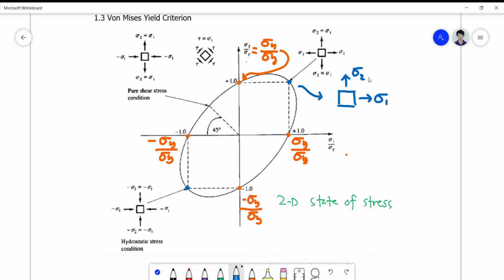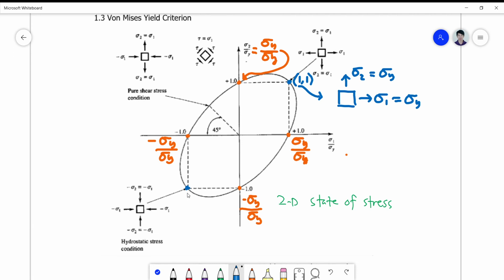So when sigma 2 becomes equivalent to the yield limit sigma y, and sigma 1 becomes equal to the yield limit sigma y, then this point which has a coordinate of sigma 1 and sigma 2 will simply become a dimensionless point in which we divide sigma y all over sigma y, such that this becomes a point that has a coordinate 1, 1.